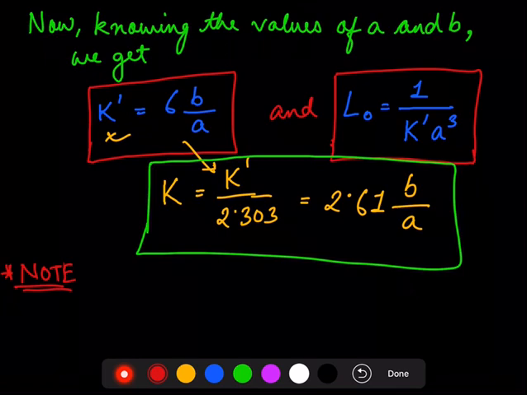So the data which is best is generally that which falls between t equals 2 days to t equals 10 days.